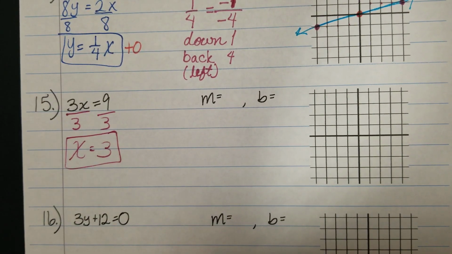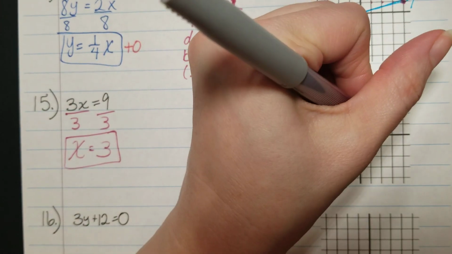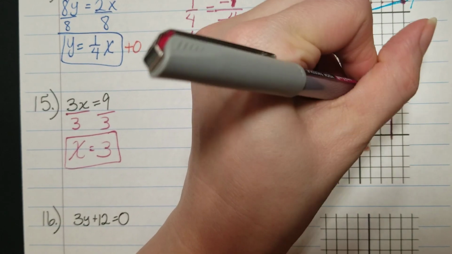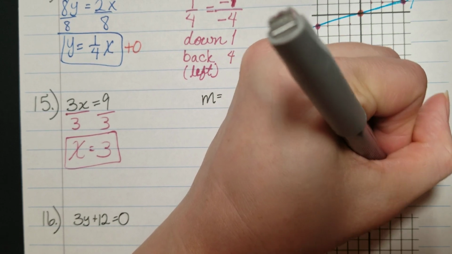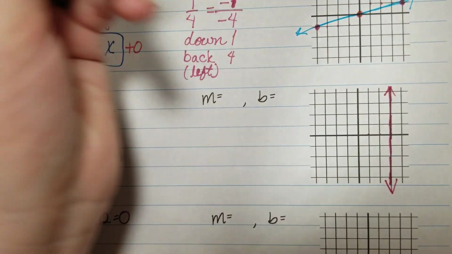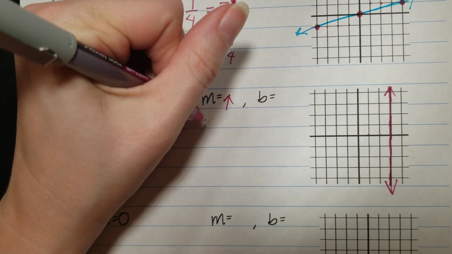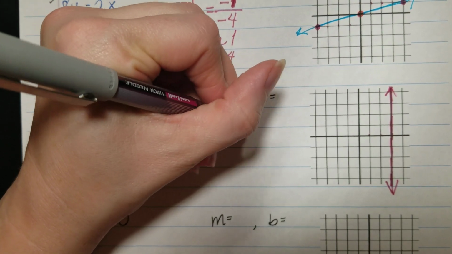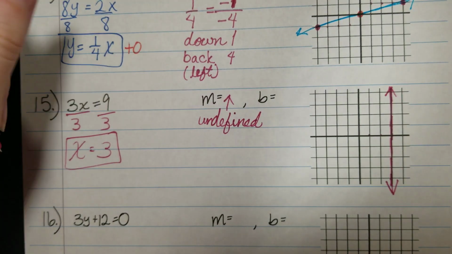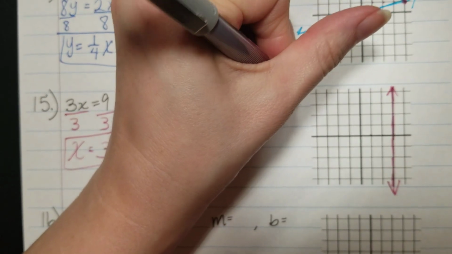So we know that that is a vertical line. All right, so it looks like this. Okay, so the slope is undefined. And there is no y-intercept.